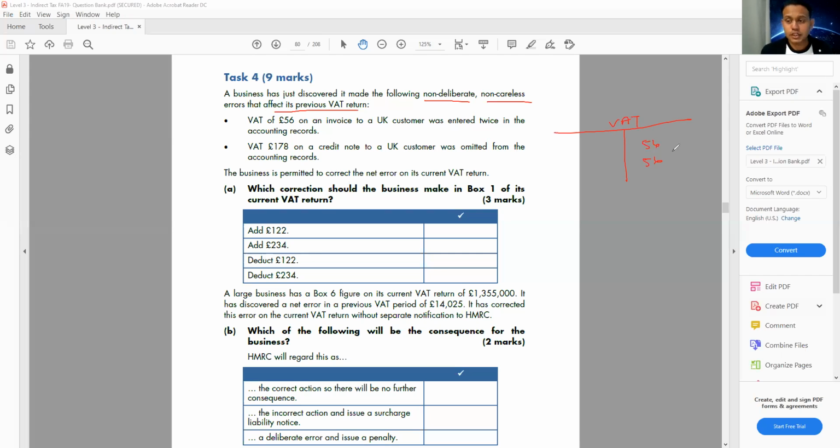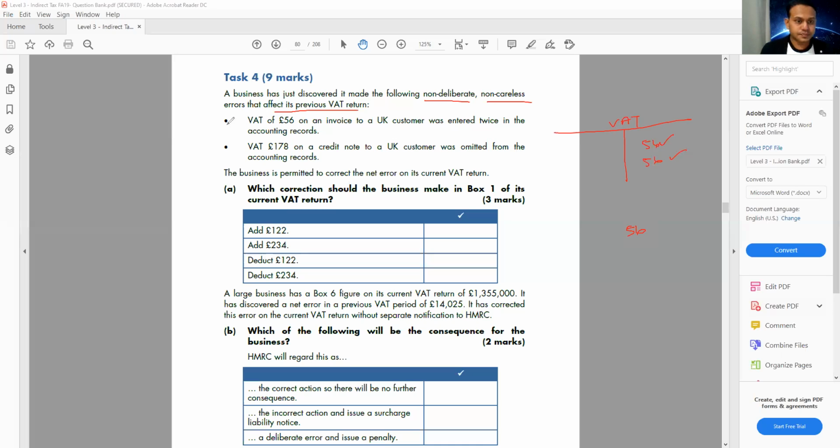I charged more output VAT, so for this period I have to reduce 56, because last period, the last quarter, I paid more VAT. There was only one customer 56, but I wrote it twice. So I paid 56 more last period. So this period, I'm going to minus 56.